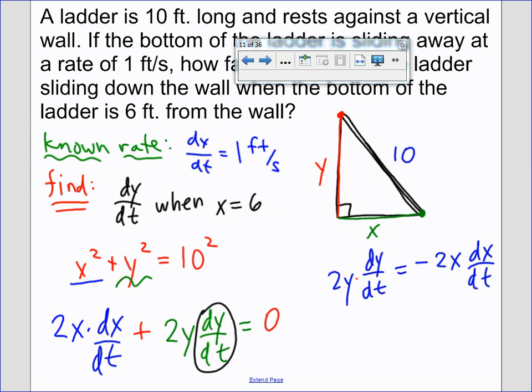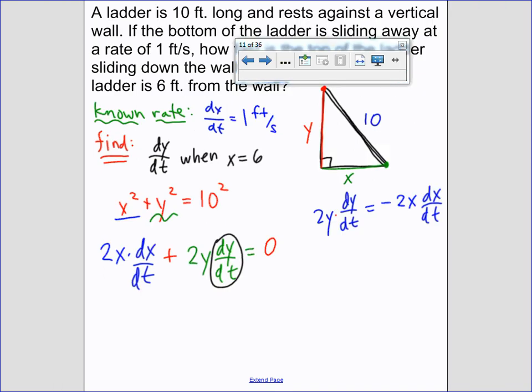So if we divide by that 2y, it looks like we get an expression for dy dt. Divided by 2y gives me negative x dx dt all over y. So I'm getting opposite of x dx dt all over y. Are you guys getting that? Did I mess up with the constants? Are we good? All right.